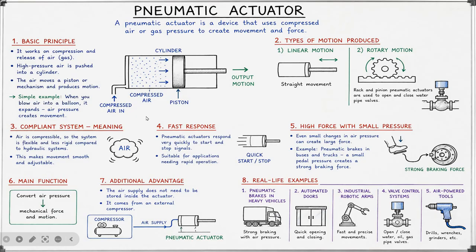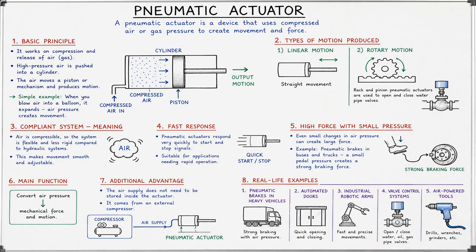And here in pneumatic actuators, we have a very fast response. That is, these will respond very quickly in order to start and stop the signals, and these are also suitable for applications which need rapid operations. And here a high force will be created with a small pressure. That is, even if we have small changes in the air pressure, it can create a large force.